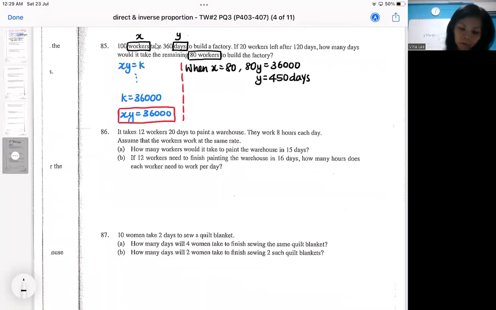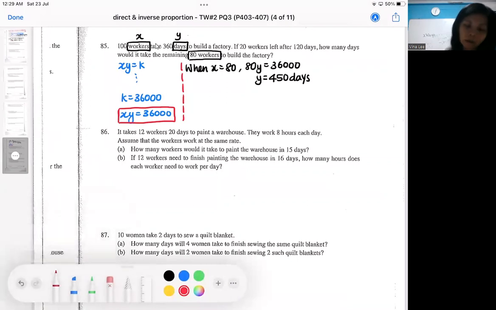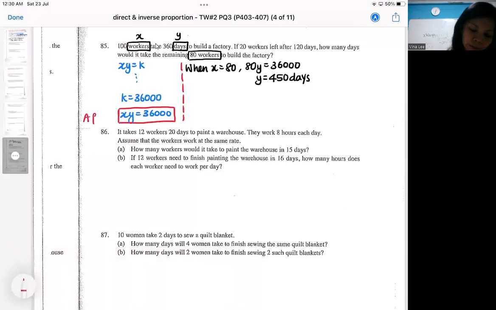Okay, so here comes a trick. The equation we initially have is meant to build a full factory. XY equals 36,000 is the equation for a full factory.